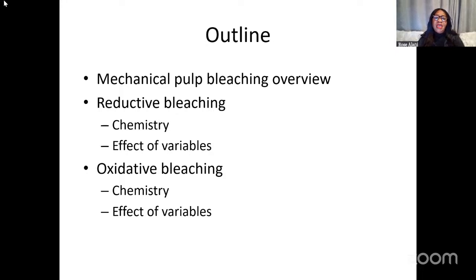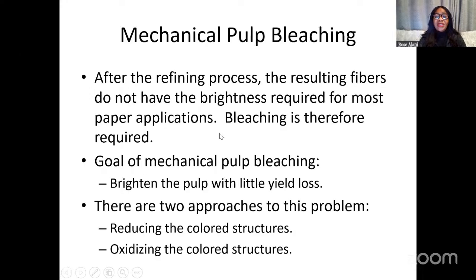So looking at the overview, mechanical pulp bleaching, and we have reductive bleaching, the chemistry and effect of variables. And then we also have oxidative bleaching, the chemistry and effect of variables. So that's what we're looking at today.